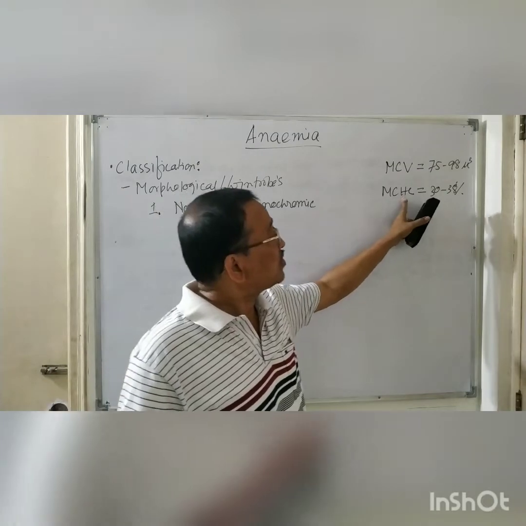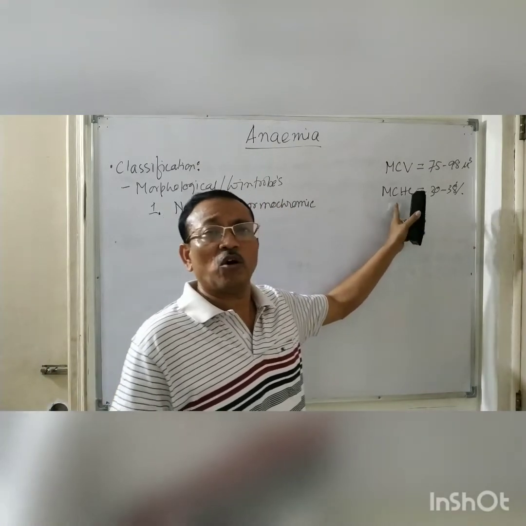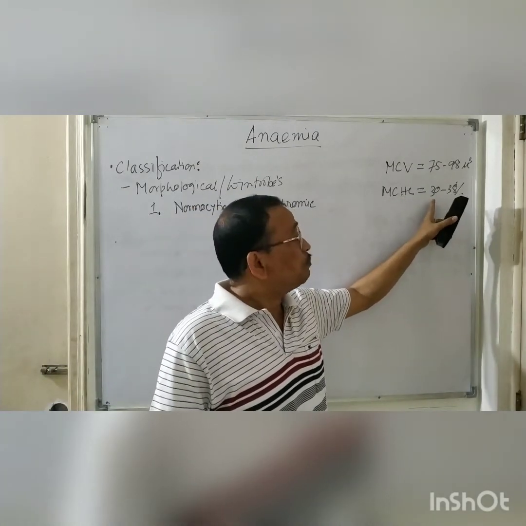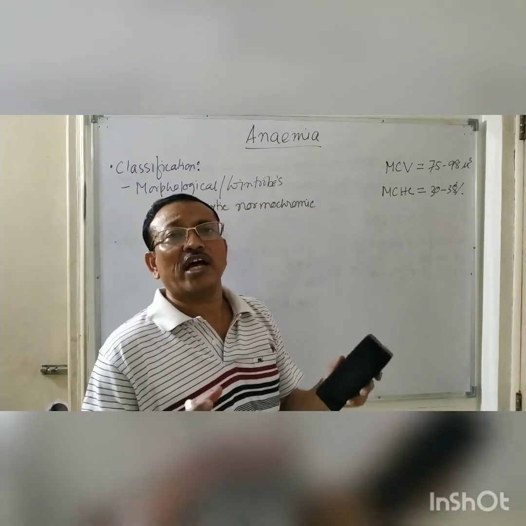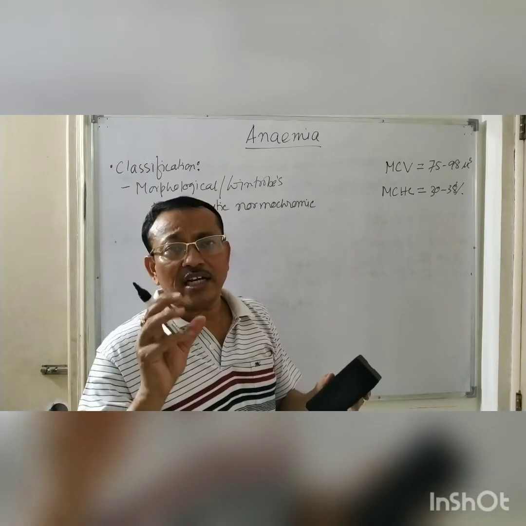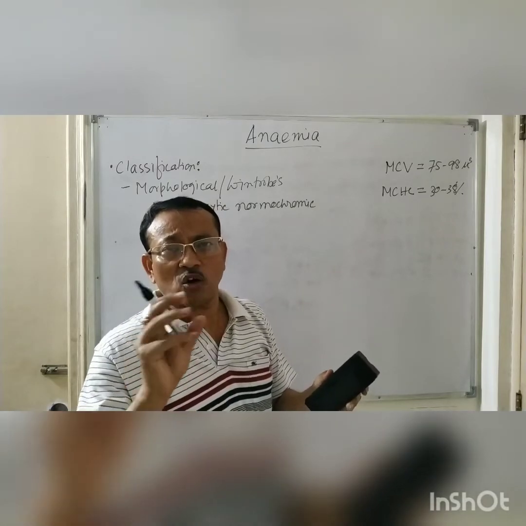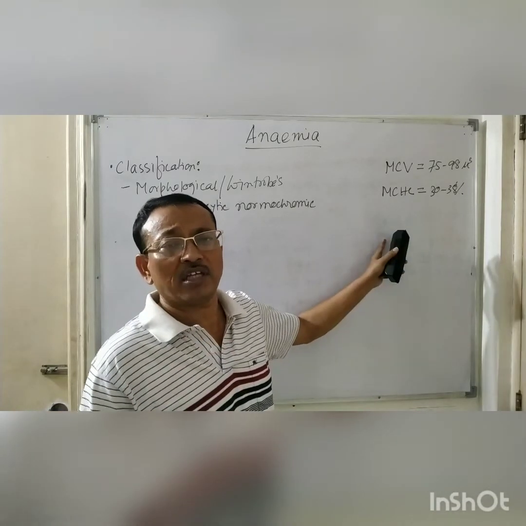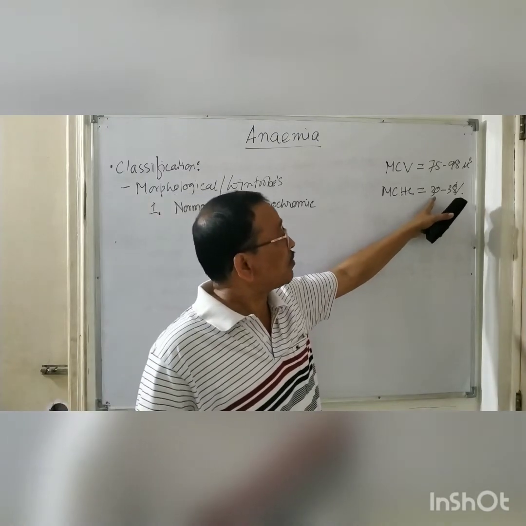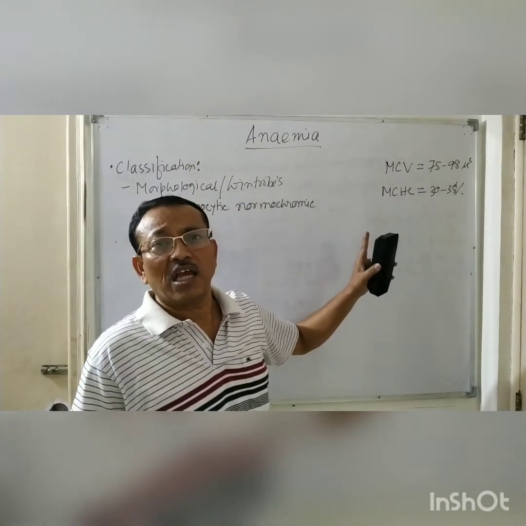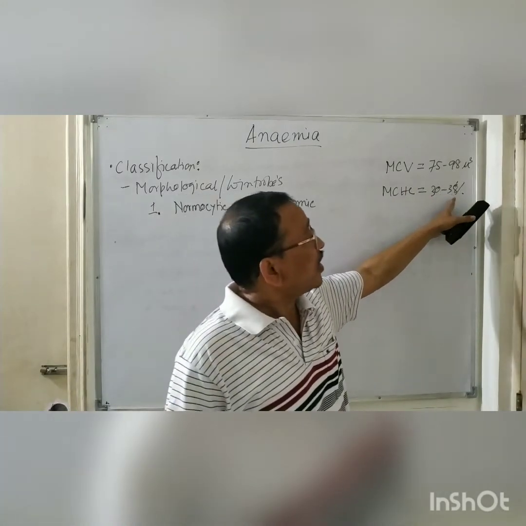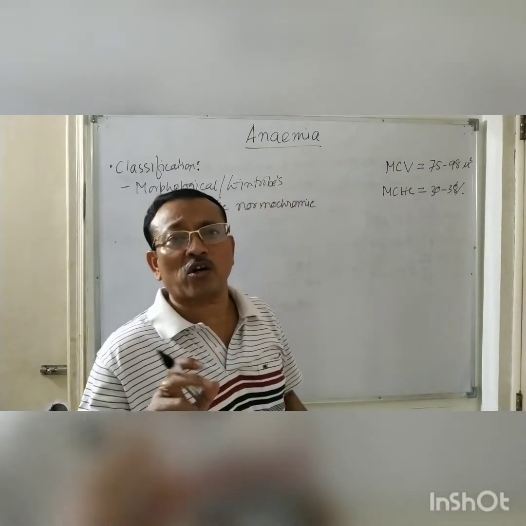Similarly, if the MCHC, mean corpuscular hemoglobin concentration, is below 30, then the condition is known as hypochromic: little hemoglobin, low color. So less than 30% MCHC means hypochromic, and more than 38% is known as hyperchromic.